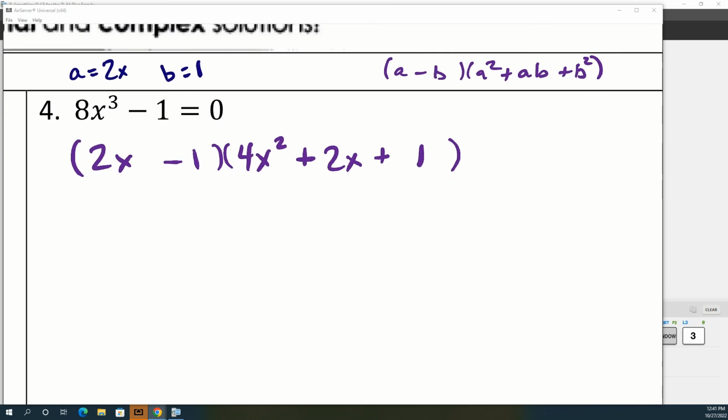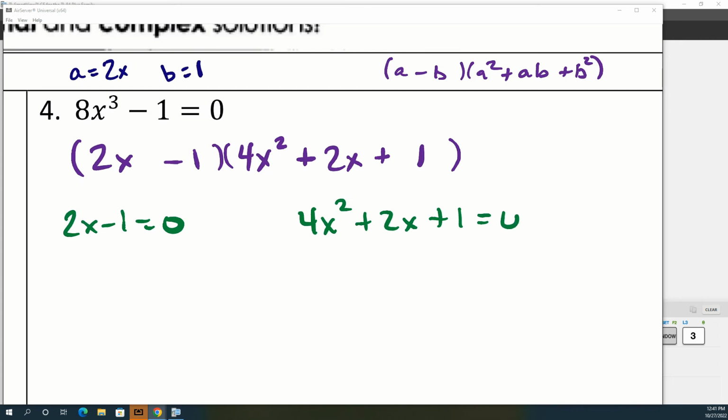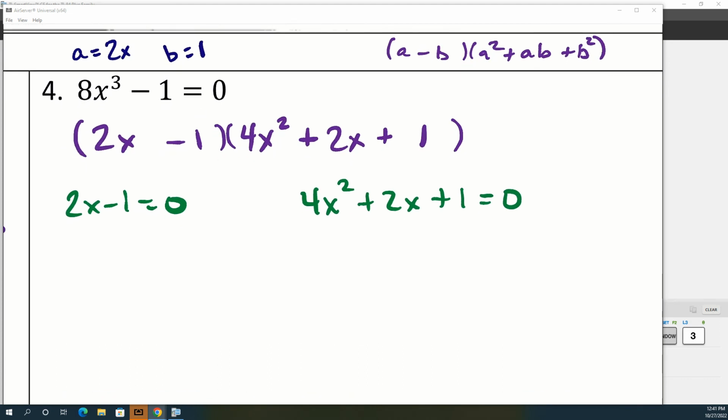So now we're going to do what we've been doing. So set each factor equal to 0. Okay. One of these is going to be fairly simple to solve.